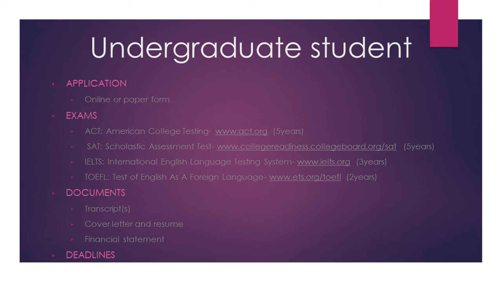When it's requested, it's always sent with a letter stating that you have some form of relationship and the person is willing to sponsor you. So financial statements most times are required. Some may require some form of health insurance. It depends from school to school.